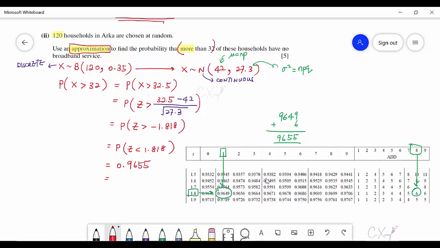If you want, you can change it to 3 significant figures, so 0.966 is your final answer. Okay, here we end all 7 questions for this paper.